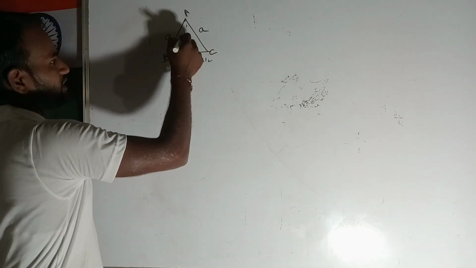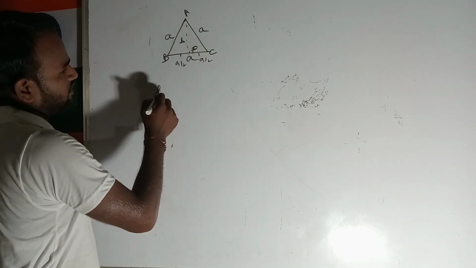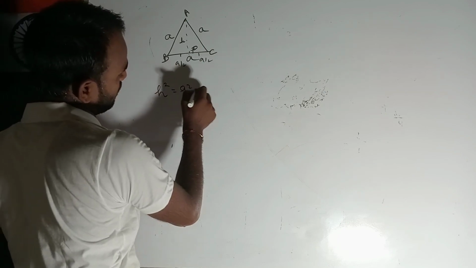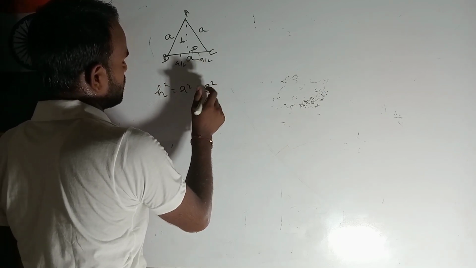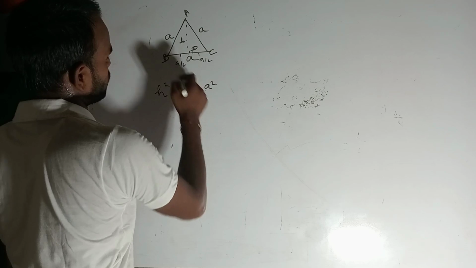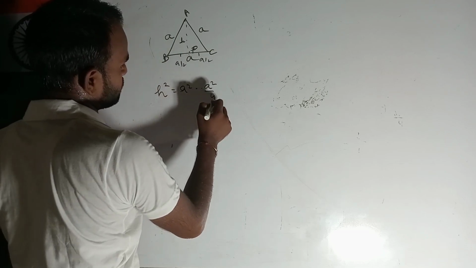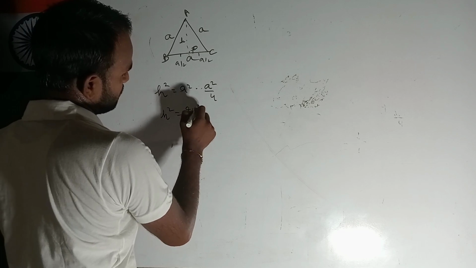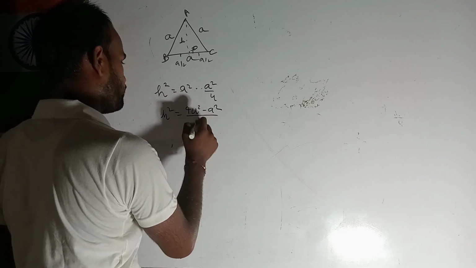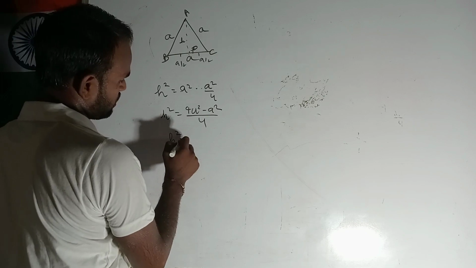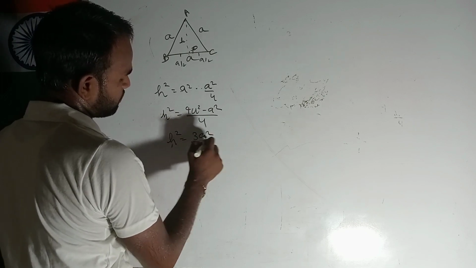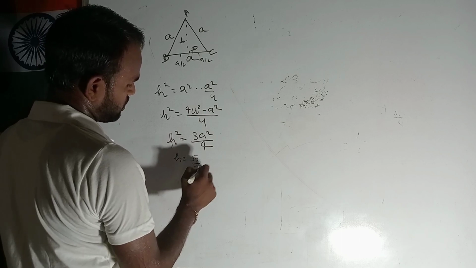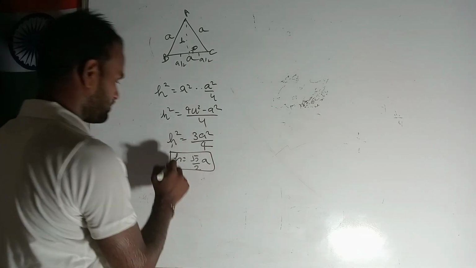So what will be the height? Same formula. H square equals A square minus A square by 4, that is H square equals (4A square minus A square) upon 4, that is H square equals 3A square upon 4, that is H equals root 3 by 2 into A. This will be your height.